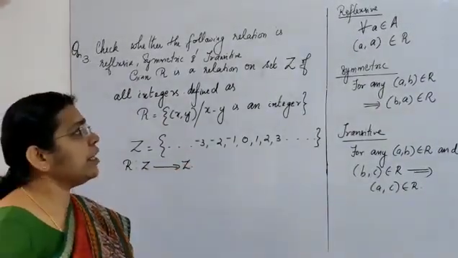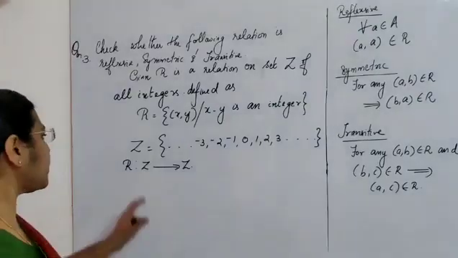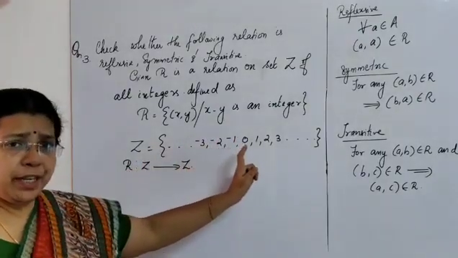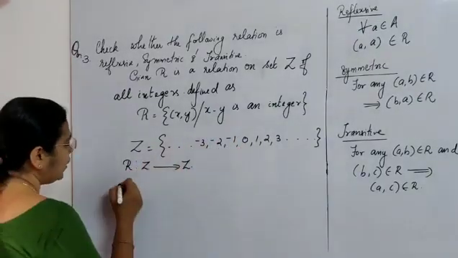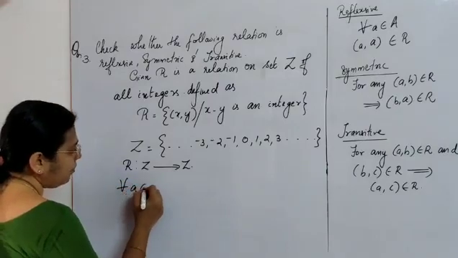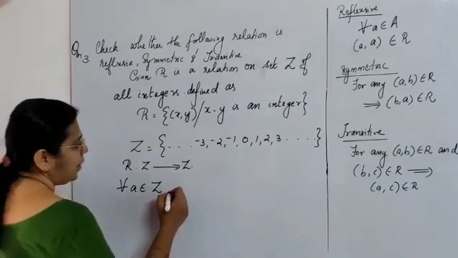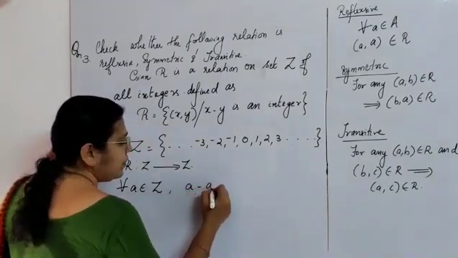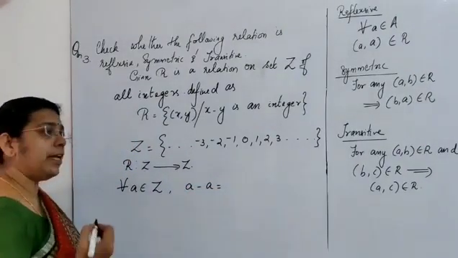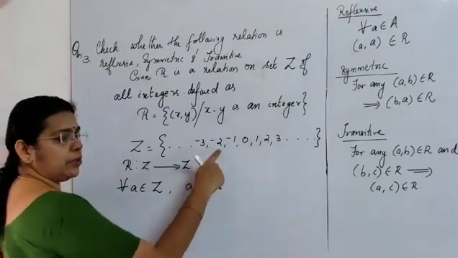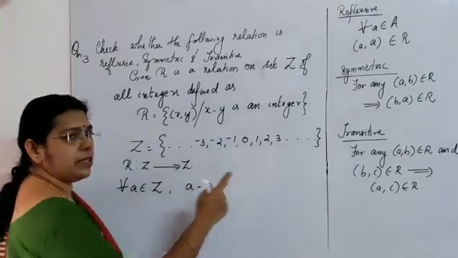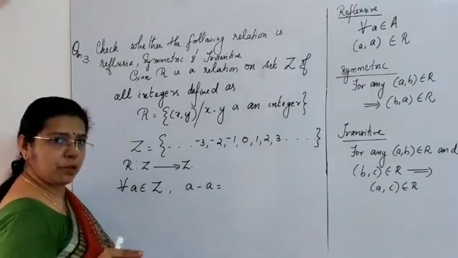Now here, checking for reflexiveness. For all elements a belonging to Z, the set of integers, a minus a is equal to what? For any element a, you take minus 2: minus 2 minus (minus 2), that is minus 2 plus 2.